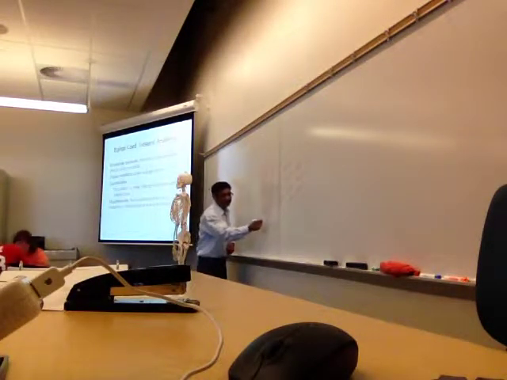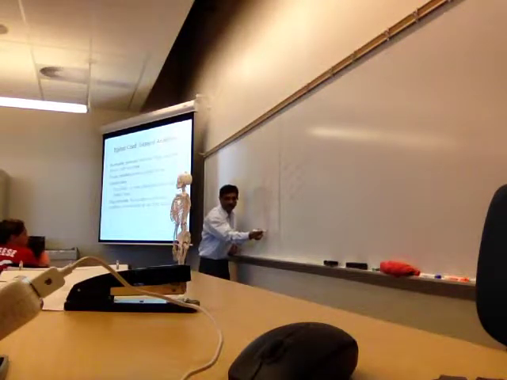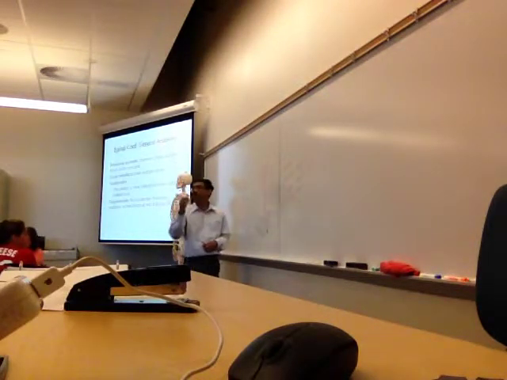Okay? So this cord that arises from the lower end of the spinal cord and ties the lower end of the spinal cord to the coccyx bone, tailbone. This is called filum terminale.